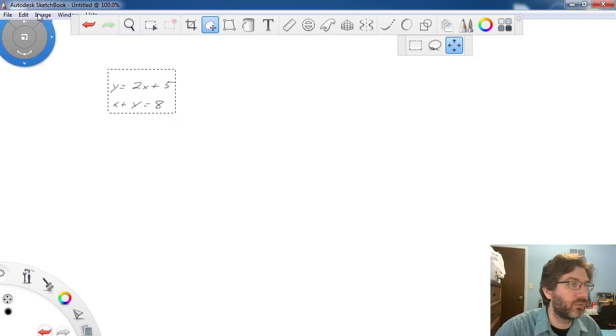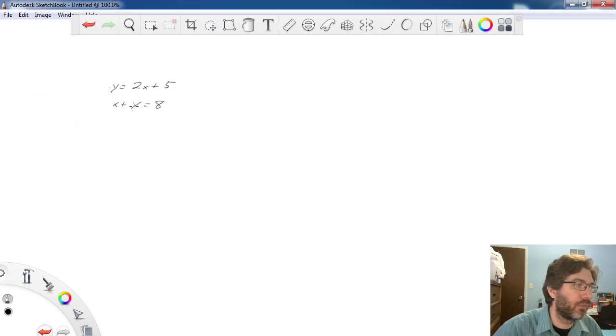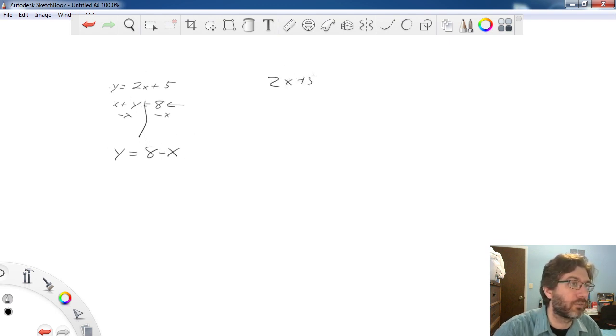So I could also have just rewritten this function so it equals y. I could have done the algebra here, and I could have been like, well, I want it to equal y, so I'm going to subtract x from both sides. So now it becomes y equals 8 minus x. And then I could set them equal to each other, so 2x plus 5 equals 8 minus x. Bring your x's together.